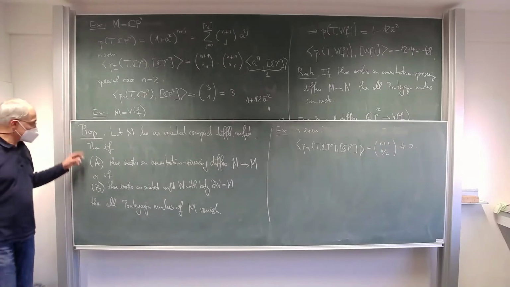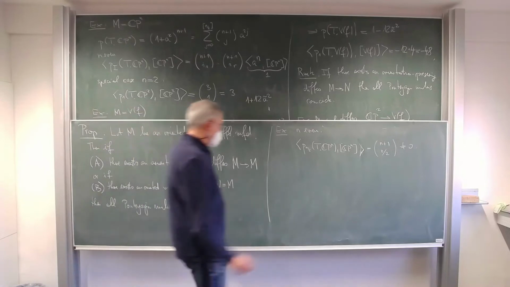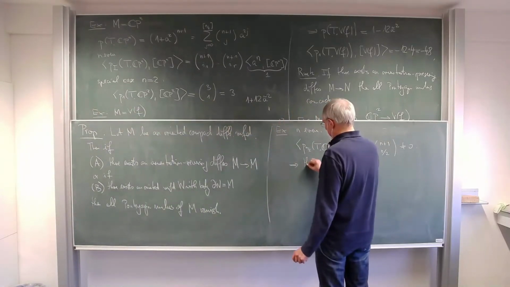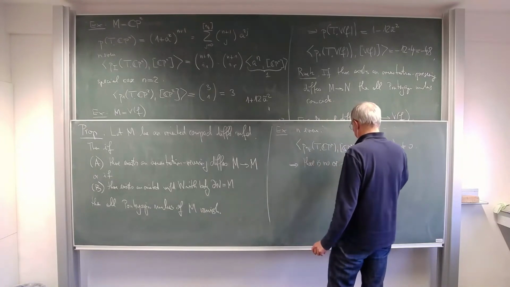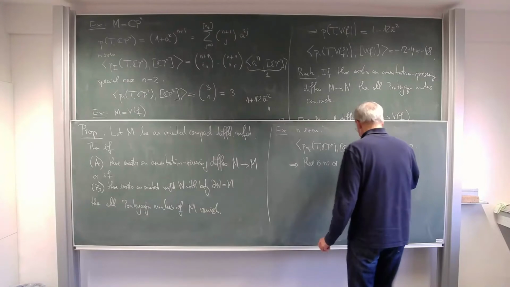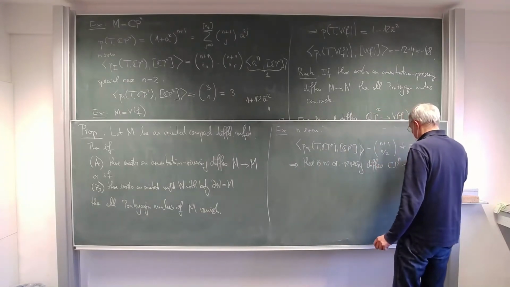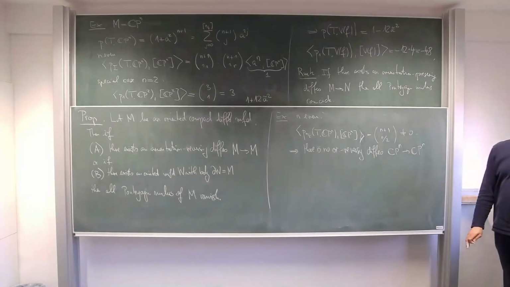So therefore, by this proposition, A and B cannot hold. So that means, therefore, there is no orientation reversing diffeomorphism from CPN to CPN, and also CPN does not bound.